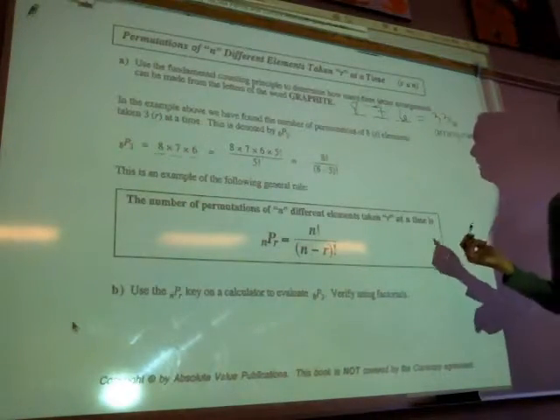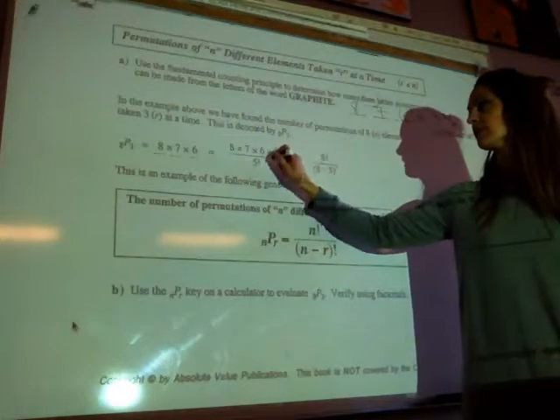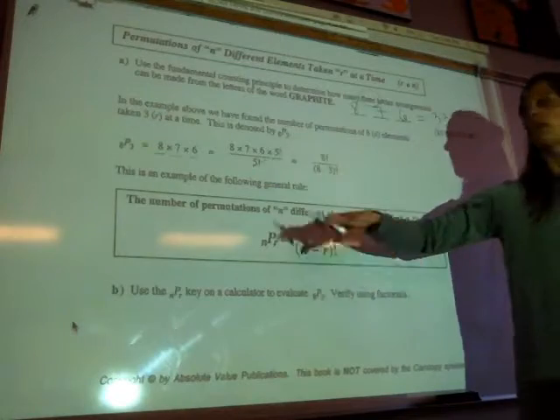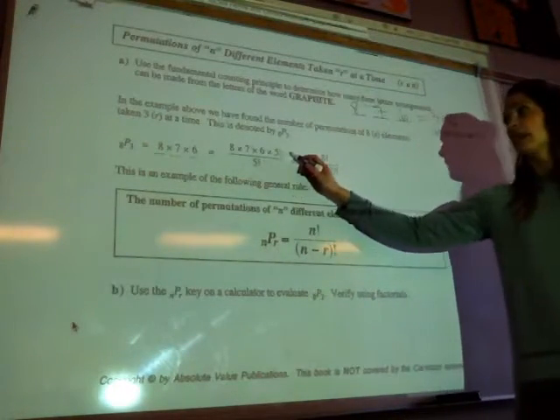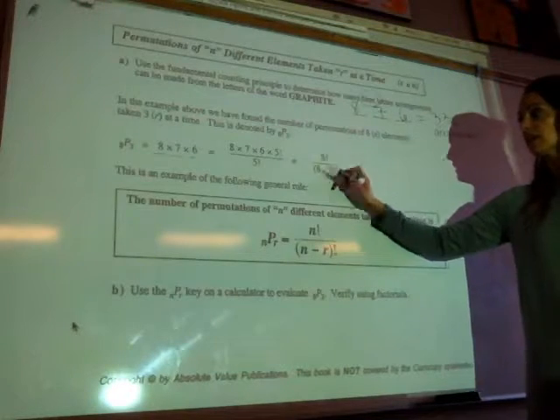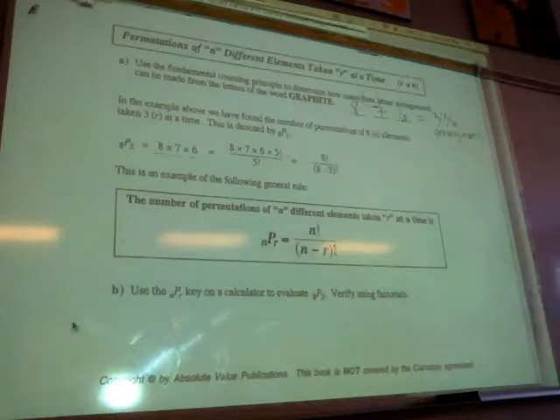If we were to expand that, that's like 8 times 7 times 6 times 5 factorial. The 5 factorial is cancelled out. Expanding a little bit further, we could write this out fully as 8 factorial over 5 factorial, which is 8 minus 3 factorial. This generates the formula for permutations.